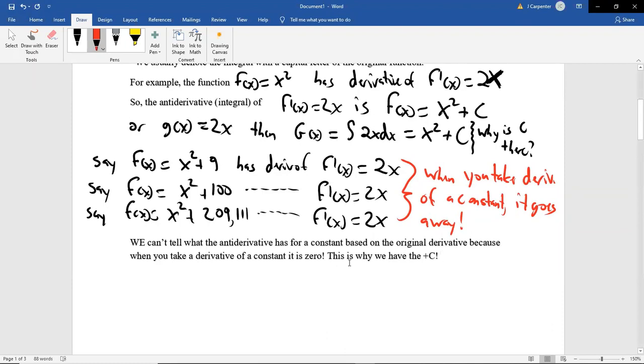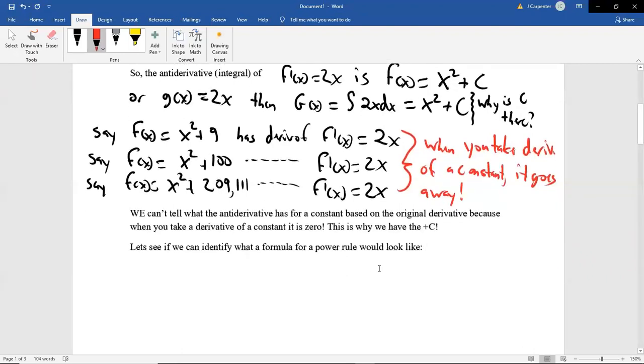But what we will do is try and find a pattern. So let's see if we can identify what a formula for a power rule looks like by doing derivatives.